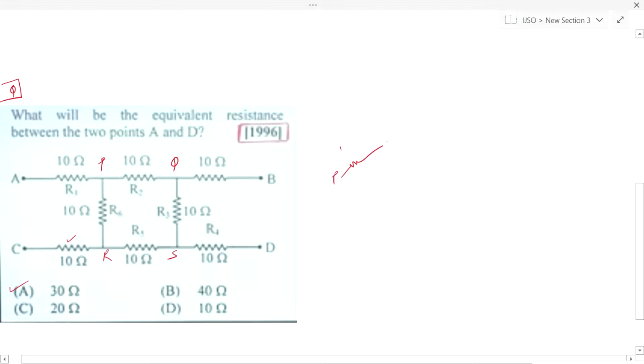Then if you find the total from there, add PQ to the last R4, 10 ohms. So P and Q, there is 10. Then Q and R also there is 10. This is included. P and Q is included. P and R.